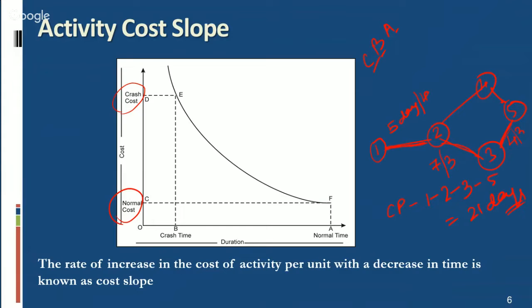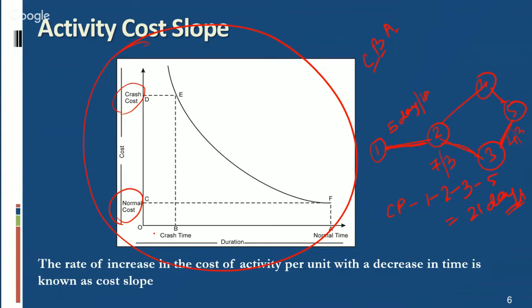To analyze the cost-benefit, we use the activity cost slope. Cost slope is nothing but the analysis of cost and benefit related to the crashing of the project. Now sir will explain how activity cost slope is determined. The cost slope indicates the additional cost incurred per unit of time saved in reducing the duration of an activity. It can be understood more clearly by explaining this diagram.